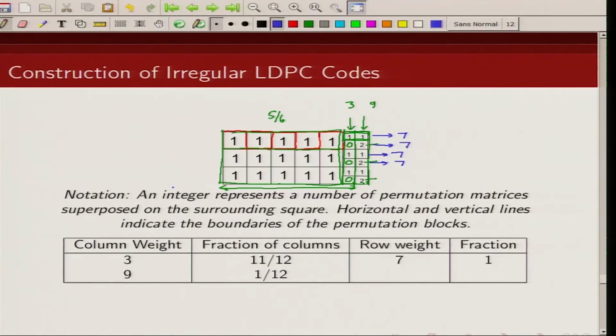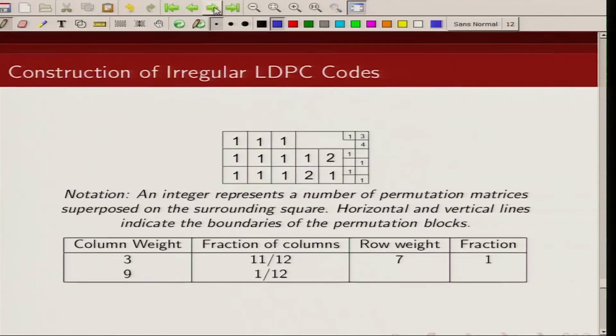So, the way I split up these matrices, I am ensuring that each row will have weight 7, whereas 11/12 fraction of the columns have column weight 3, whereas 1/12 fraction of the columns has weight 9. The same thing can be done in multiple ways.